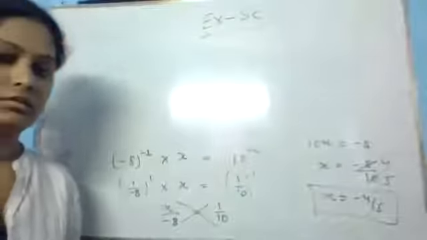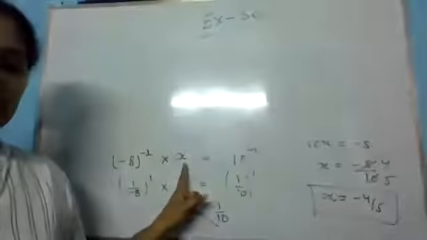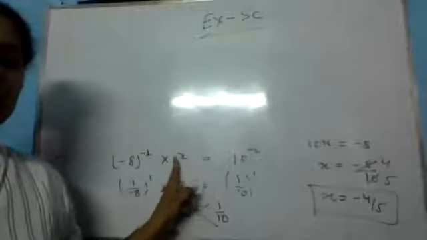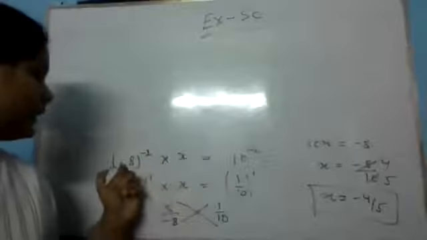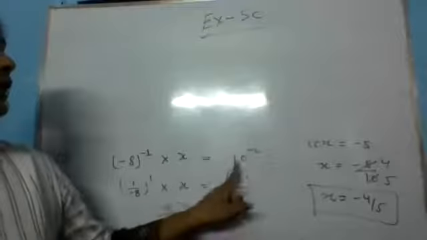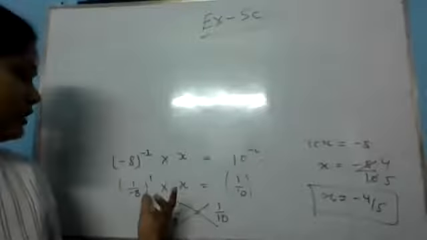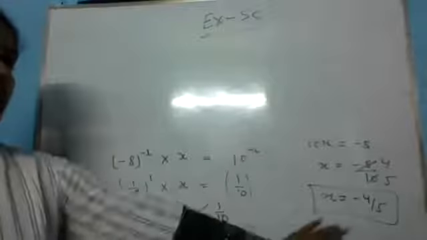In this question, we have to find x by which we multiply the factor minus 8 to the power minus 1, then the product will be 10 to the power minus 1. Just write the reciprocal and then cross multiply.